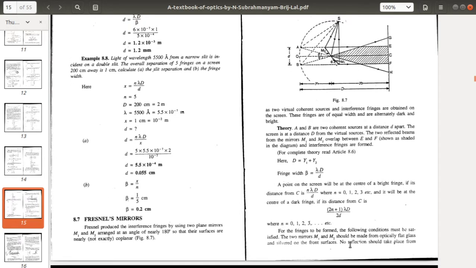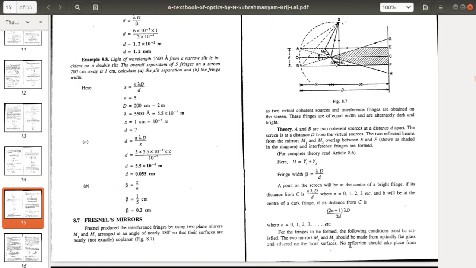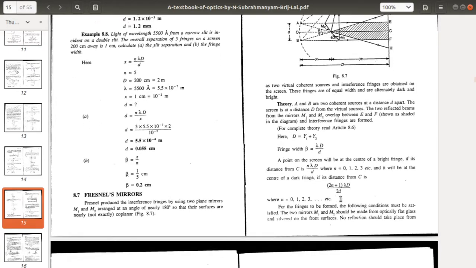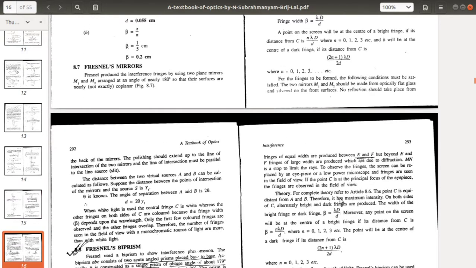For the fringes to be formed, the following conditions must be satisfied. We have used this setup to produce interference fringes, and a very good fringe pattern will be obtained on the screen only if some conditions are satisfied. The first condition is that the two mirrors M1 and M2 should be made from optically flat glass and silvered on the front surfaces. The second point is that no reflection should take place from the back of the mirrors.